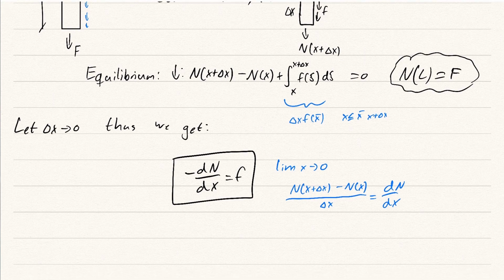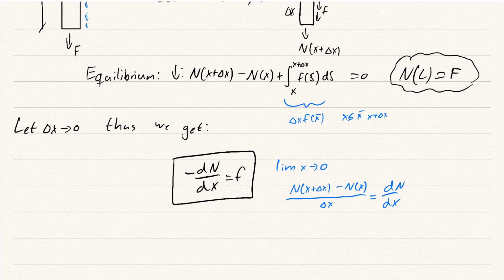Okay, and then on the other side of the equal sign we have this integral, and as I told you, if delta x goes towards 0, then we just go back to looking at a point region, which is just f of x. So then dn dx plus f is equal to 0.